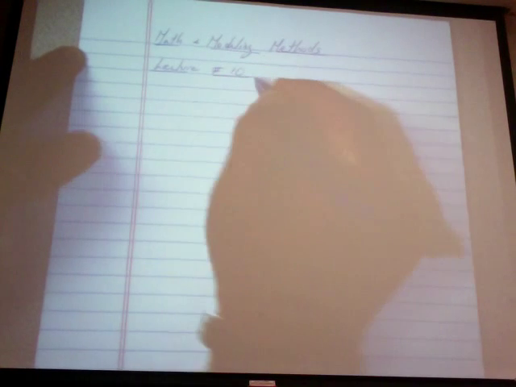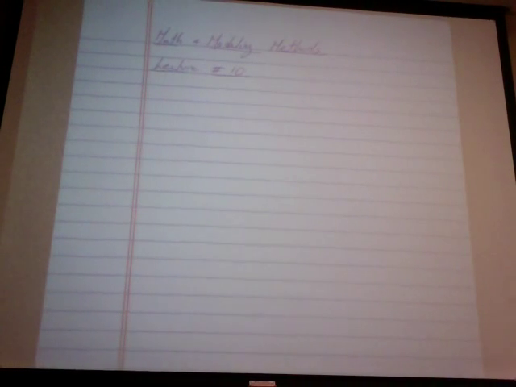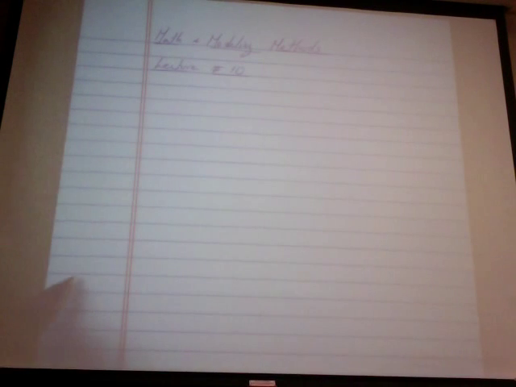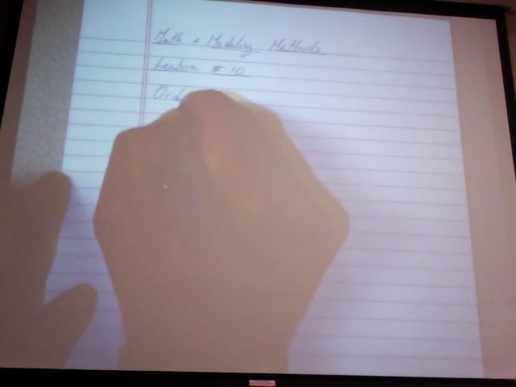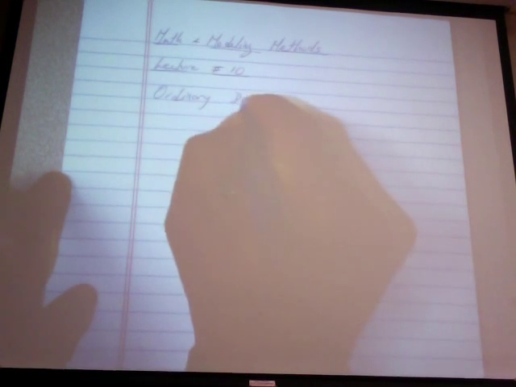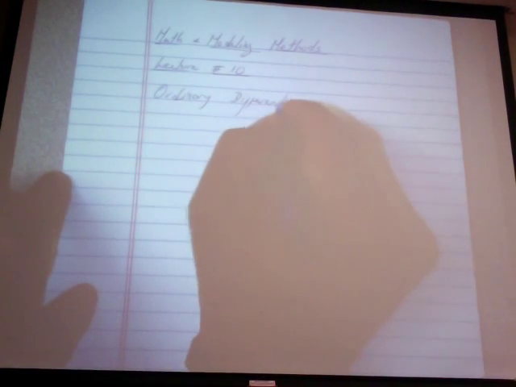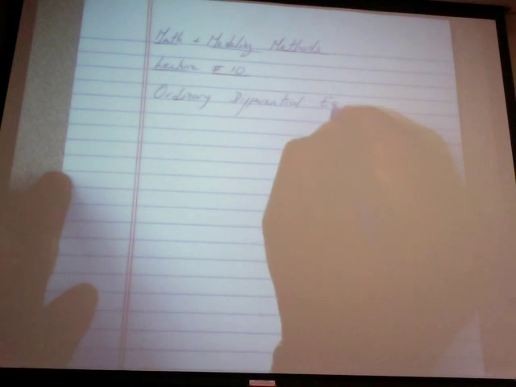So we're going to start with a review of ordinary differential equations, and this is something of all use for us. So, ordinary differential equations.